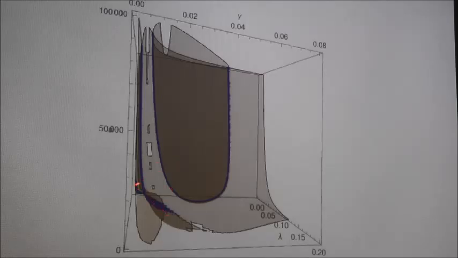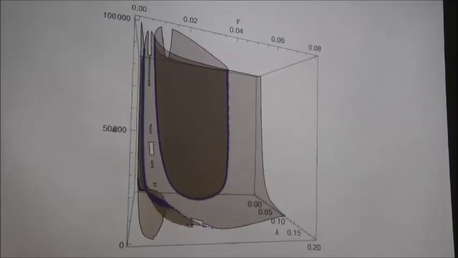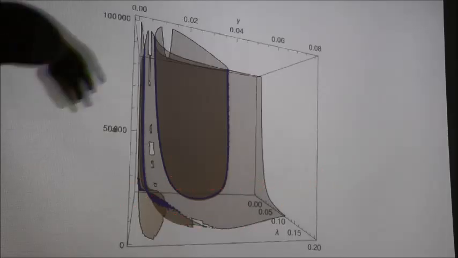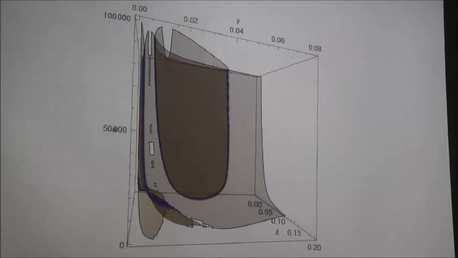It is getting asymptotic to some constant value. This is the lambda axis view, along the lambda axis I am looking. This is the area direction, and this is the gamma direction. I put it here so that I can show you the asymptotic nature of this curve. So it is getting independent of A. That is what I am trying to point out here.